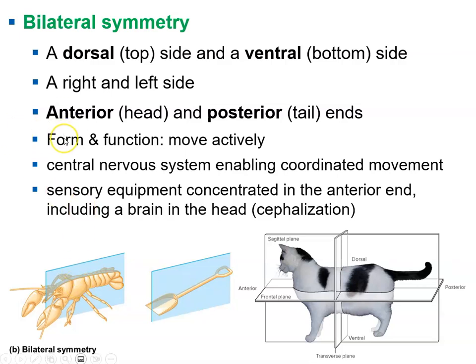They also have an anterior and a posterior end. So the head is the anterior, the posterior is the tail, and that's all labeled really nicely for the cat, shown here. In addition, they have a central nervous system where sensory information is received and transmitted throughout the body, including a brain, which is when an organism has a brain in their head, it's referred to as cephalization.